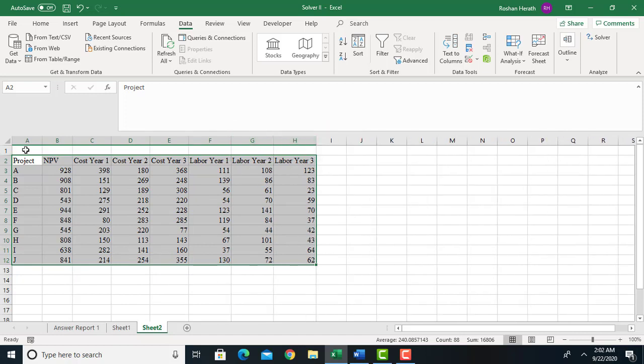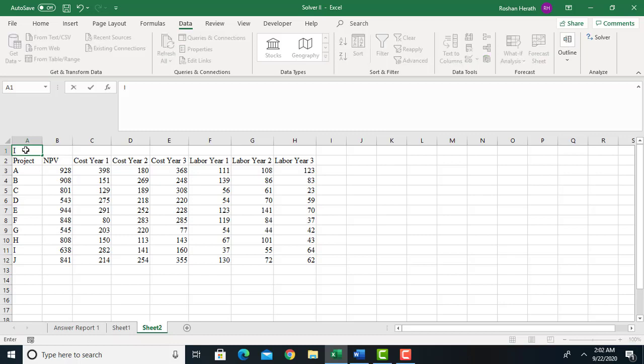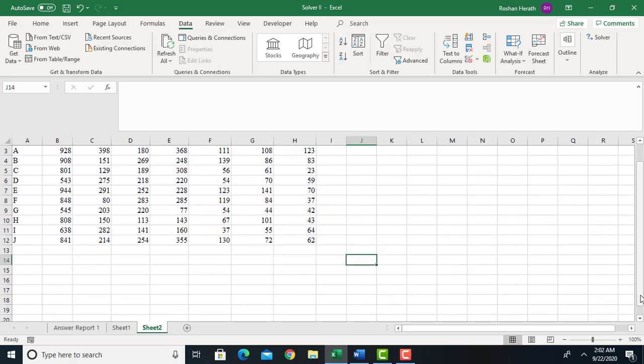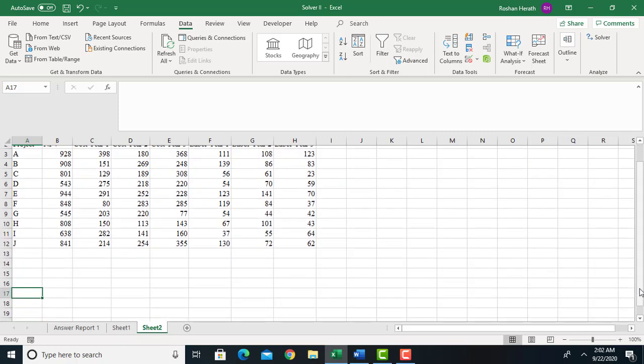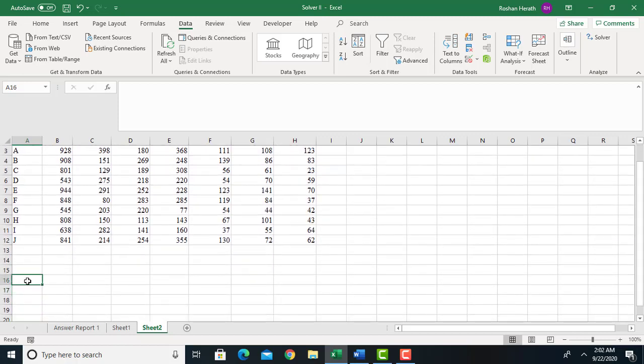Then we also try to identify the constraints.